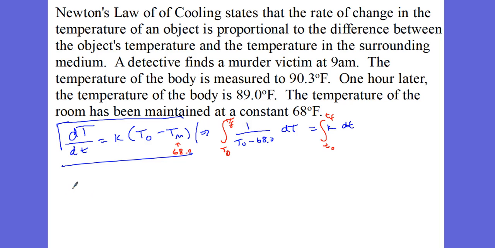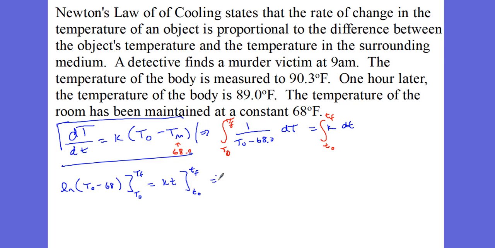So we have natural log of the object's temperature minus 68 degrees Fahrenheit, and we're going from initial temperature to final temperature. And that equals kt, and we're going from time initial to time final. Okay? So hopefully you're staying with me right now.